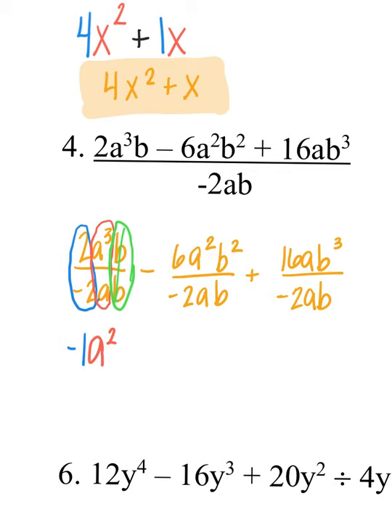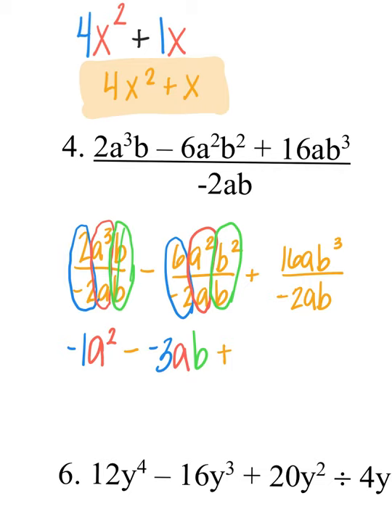So we don't have any b's there. Minus 6 divided by negative 2 is going to give me a negative 3. A squared divided by a is just 1a. And b squared divided by b gives me 1b.